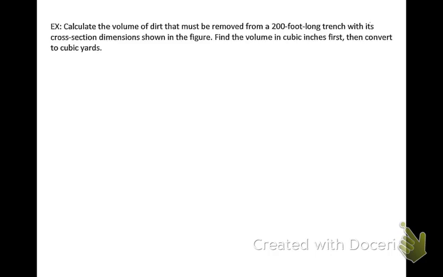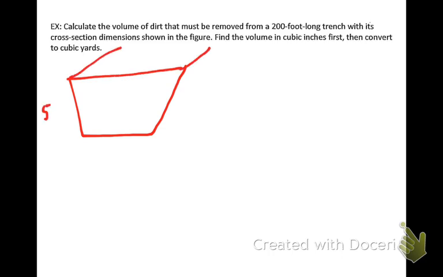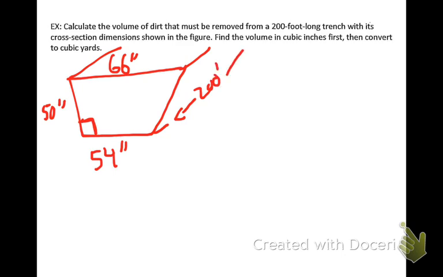So our shape is 50 inches tall, this is a right angle, and it's 54 inches wide on the bottom. This is 66 inches, and then it goes back 200 feet, right?